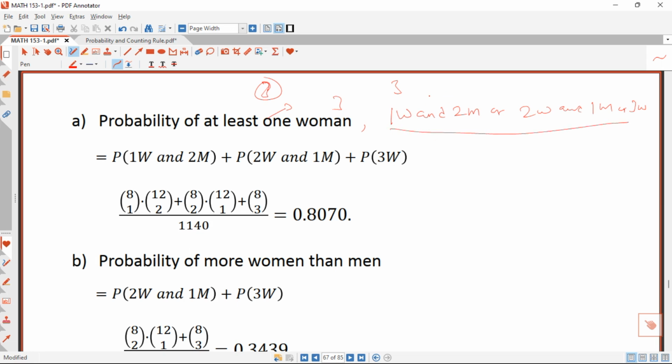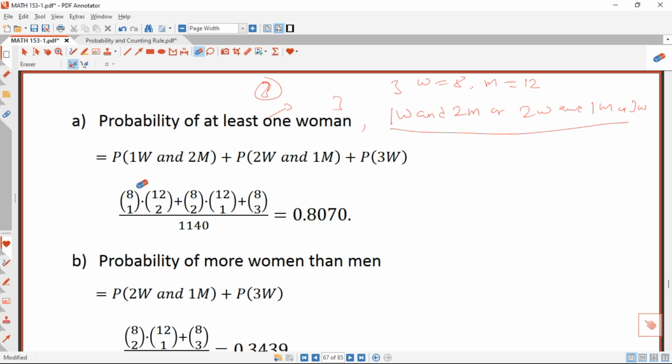And we know that W is equal to 8 and M is equal to 12, right? So here we are just going to use what we have here to calculate it.